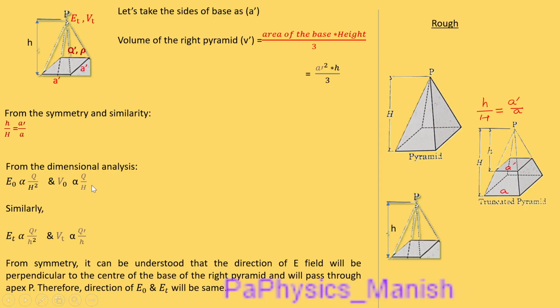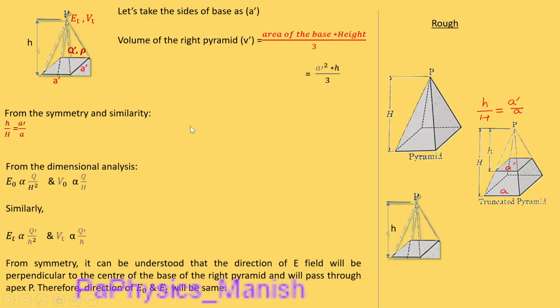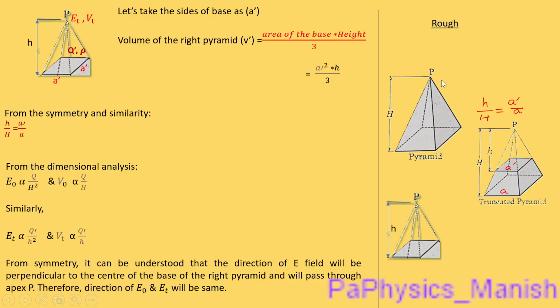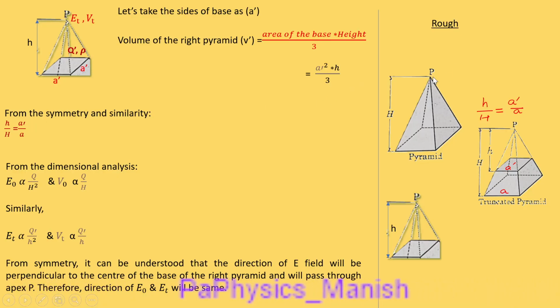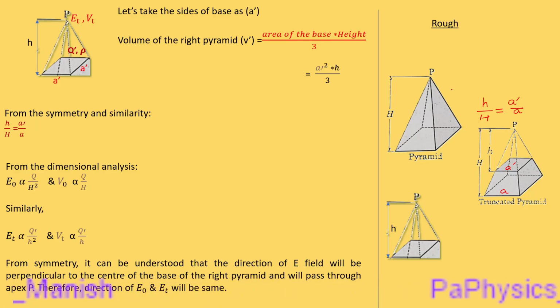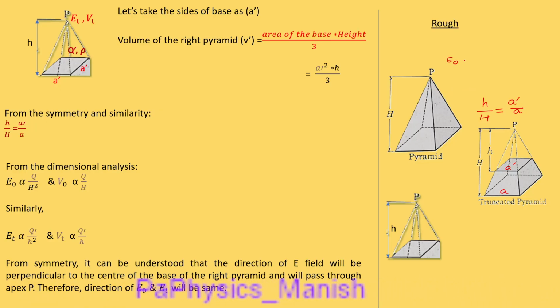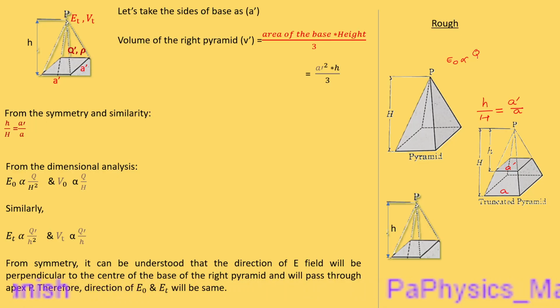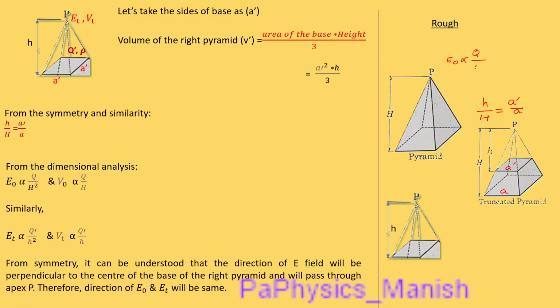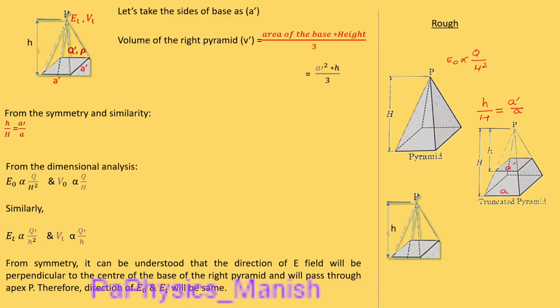Further, from dimensional analysis, we know that at P, the electric field E naught, as given in the question, will be proportional to the total charge on this pyramid, that is Q by capital H square.